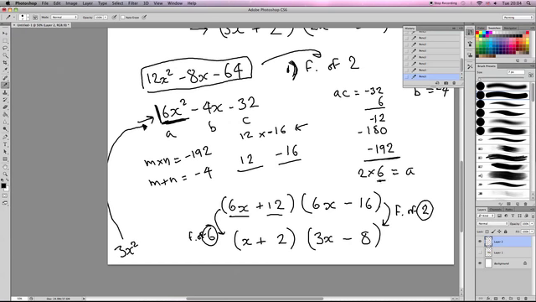So I want to replace that number to make that equal to 6. That number there has to be a 3. So 2 times 3 does give me 6. So actually, the correct way to do it is to take a factor of 2 out, okay? So you need to be careful of that.